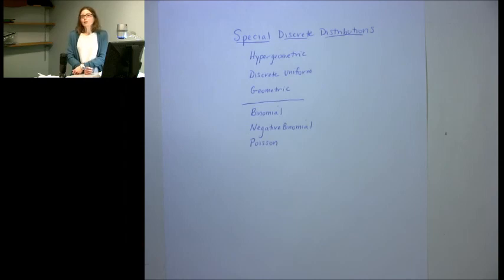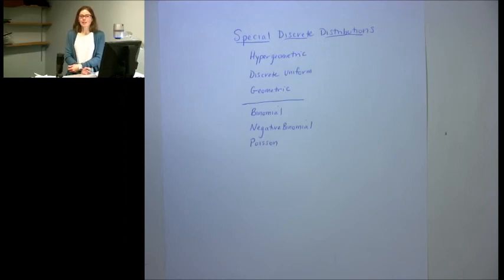Because they're all presented in their own section, it's very straightforward with the homework to figure out which distribution you need to use. If you're in the binomial section, you're probably going to use the binomial distribution, and if you're in the negative binomial section, oh look, it's a negative binomial distribution. No challenge in figuring that out.